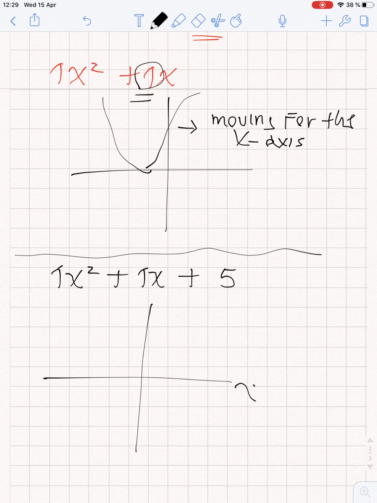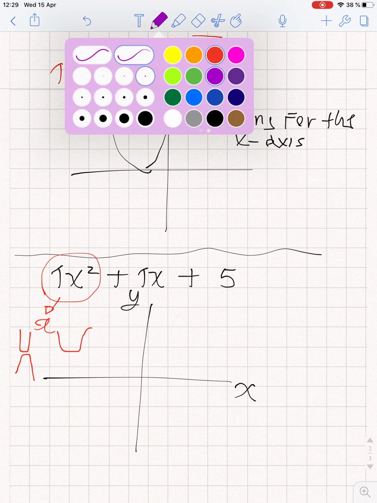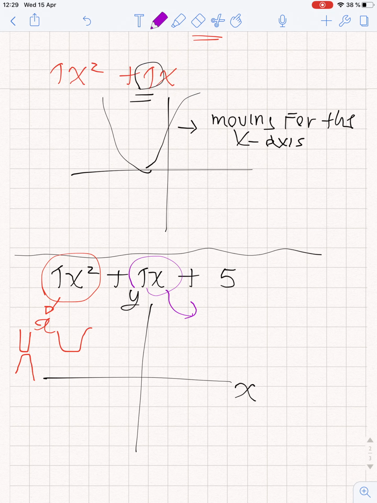We have a component a, that is going to make this kind of graph or this kind of graph. We have the component b, that is when we are moving through the x-axis.